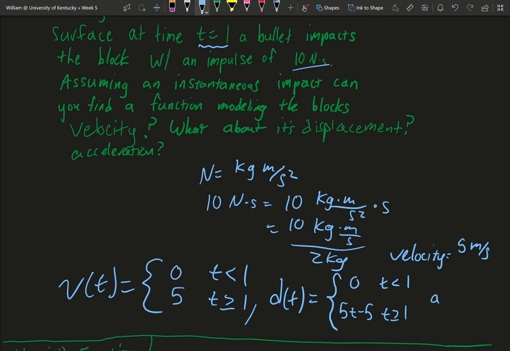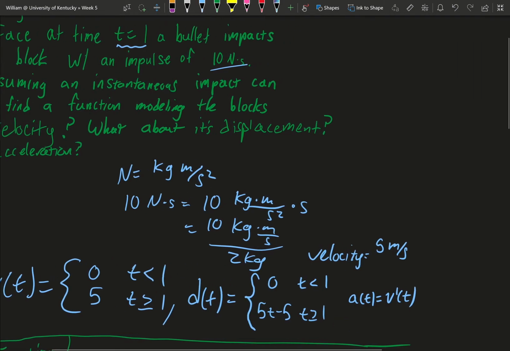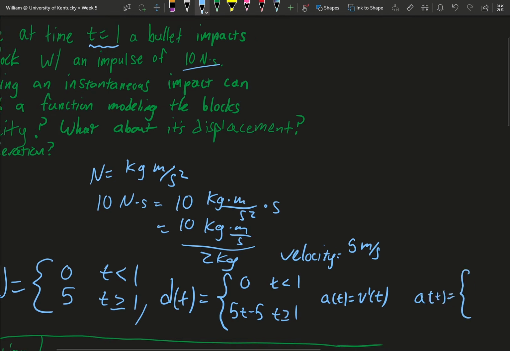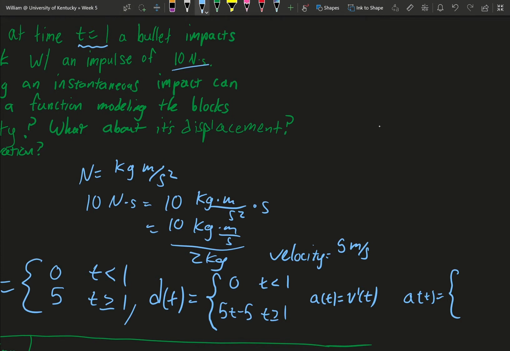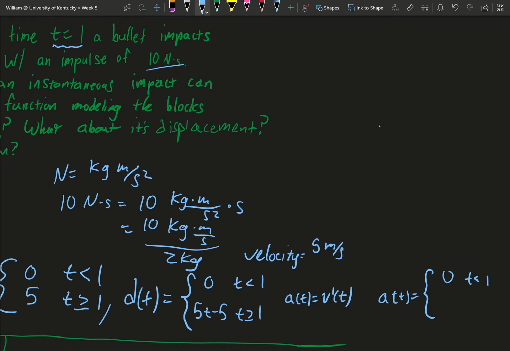And our acceleration is a little bit weird. Acceleration is the derivative of velocity. And so one thing we can say about acceleration is, before t equals 1, it's got to be 0.